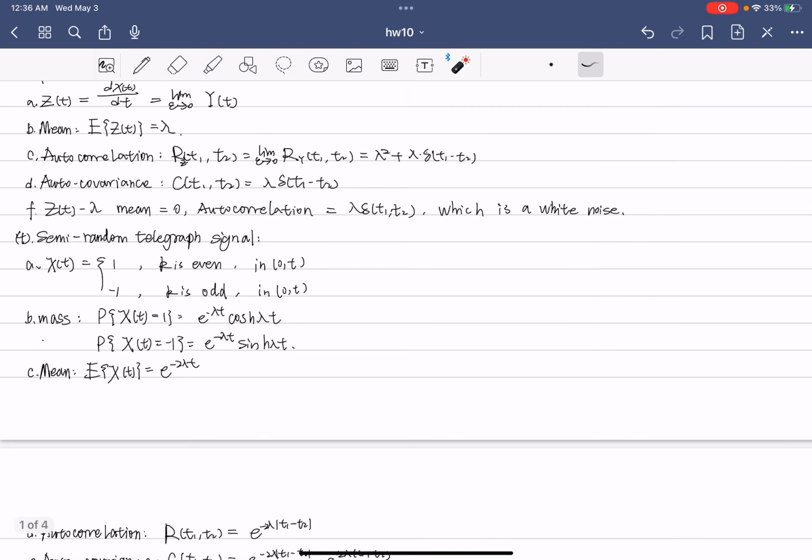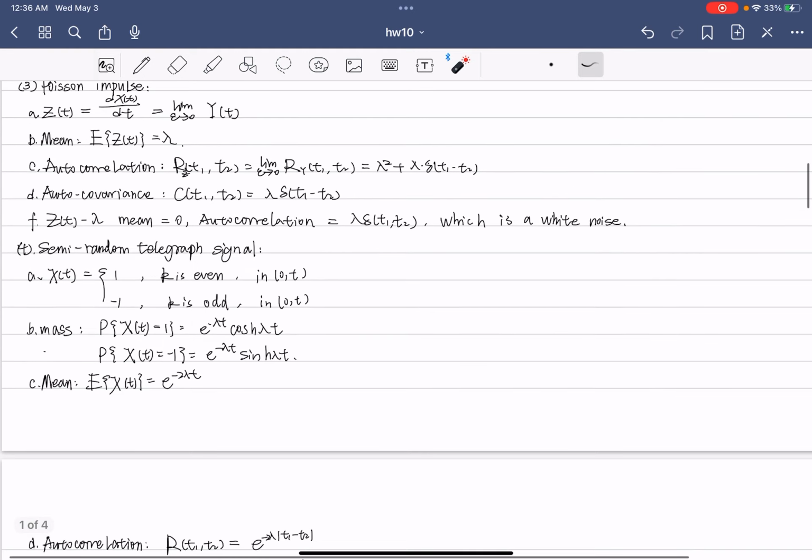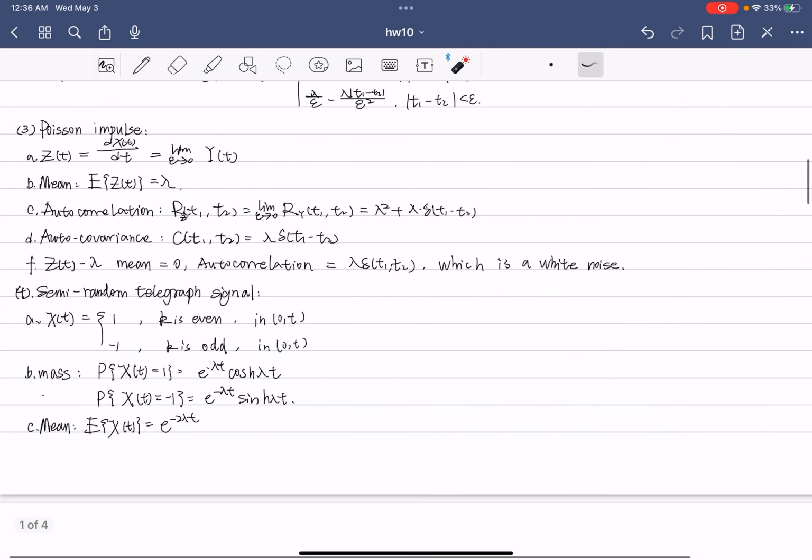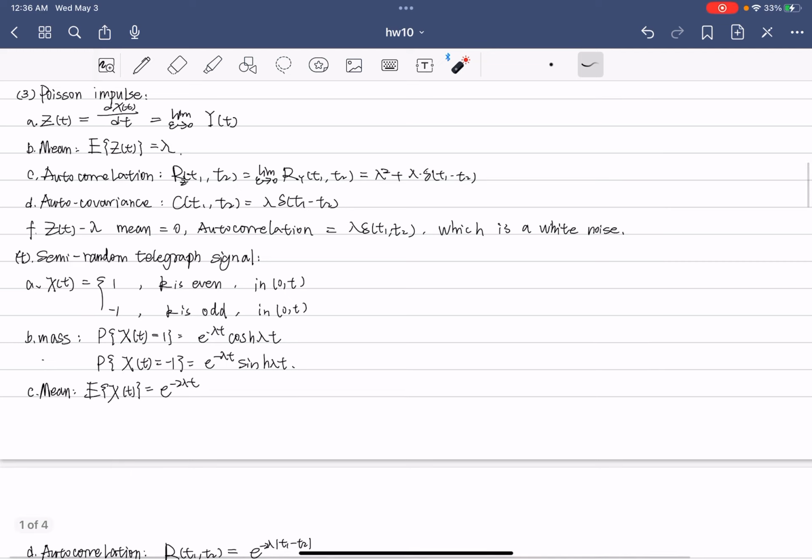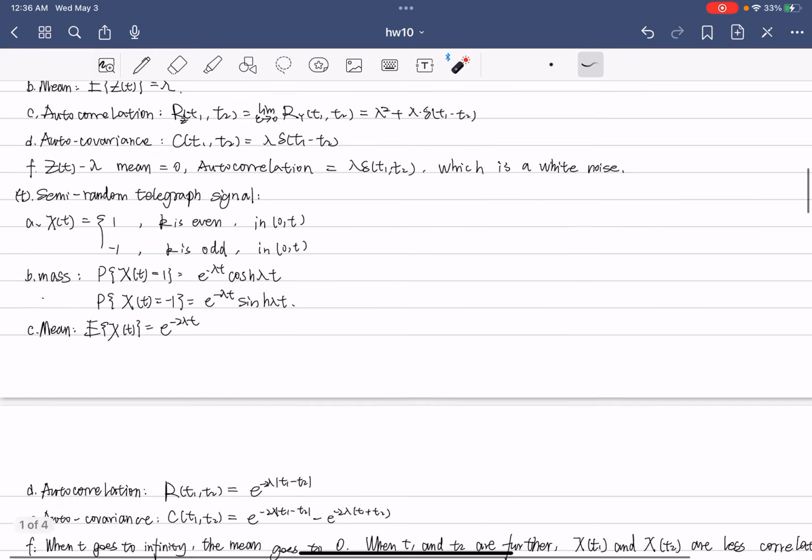Next one is the semi-random telegraph signal. We can define it as follows: X(t) equals 1 when k is even in the interval from 0 to t, and when k is odd in the interval from 0 to t, X(t) equals -1.